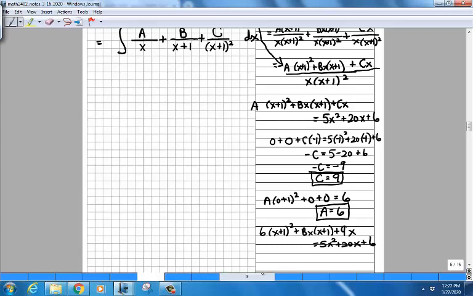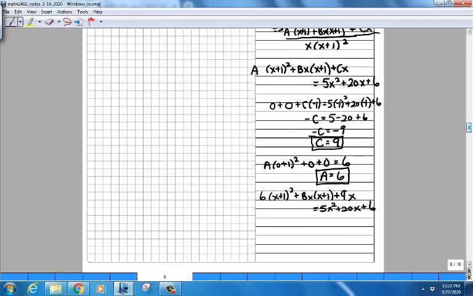Now you can choose any value you want for x, other than 0 or minus 1, and plug it into this equation, and now you can figure out what b is. So let's try an easy one, x equals 1.